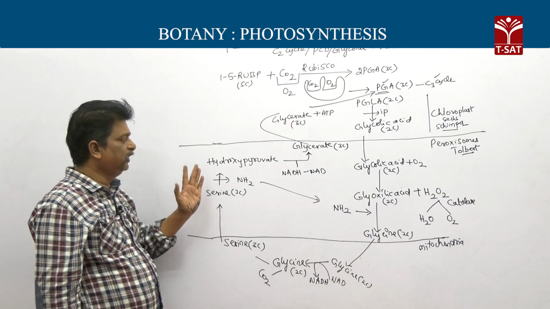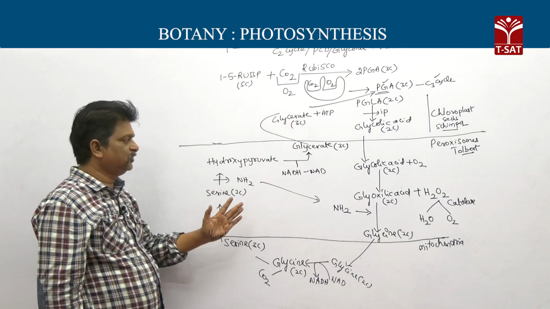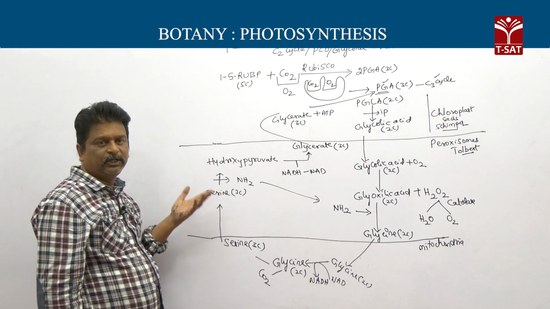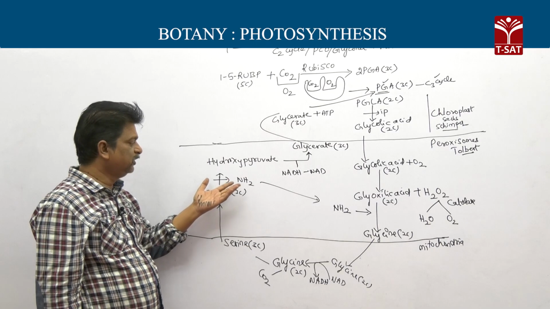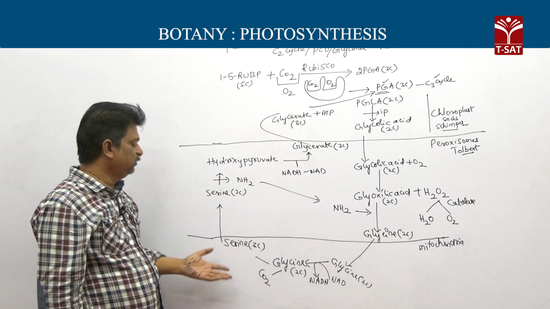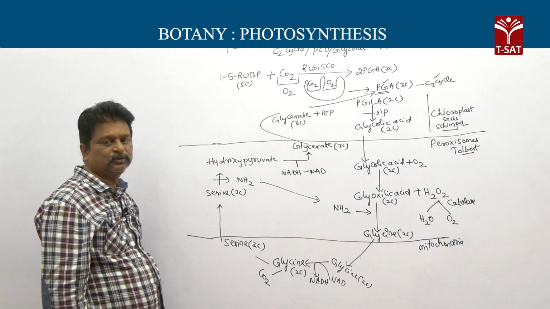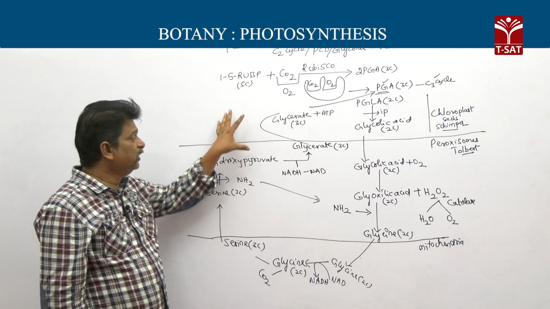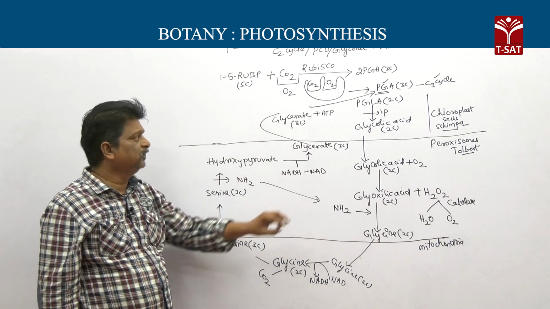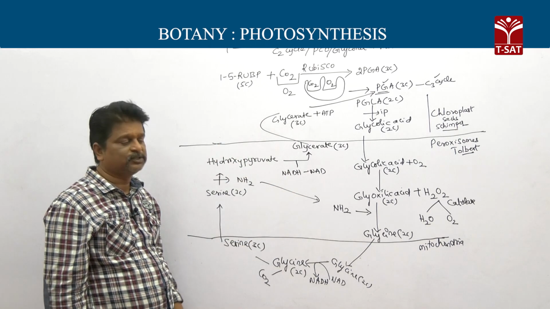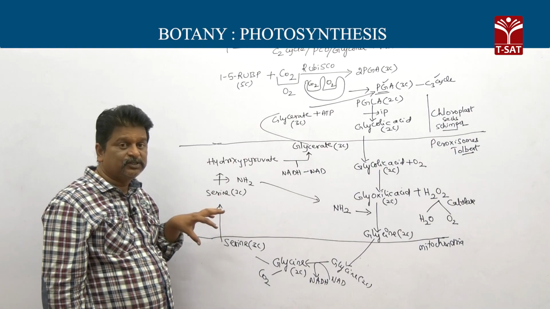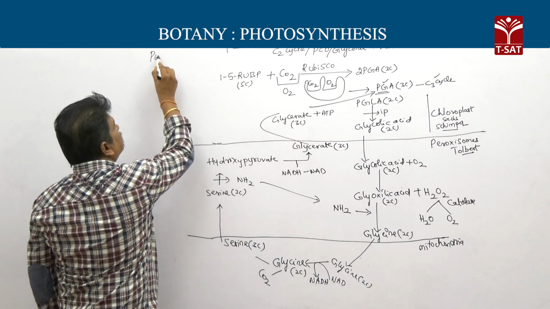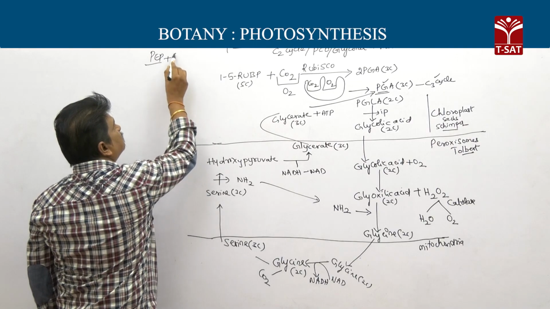Finally, it is a wasteful process, because in respiration ATP and NADH2 are formed, but instead of formation, this ATP and NADH2 are utilized. It occurs only in C3 plants, but not in C4 plants, because C4 plants contain an efficient carbon dioxide fixator.